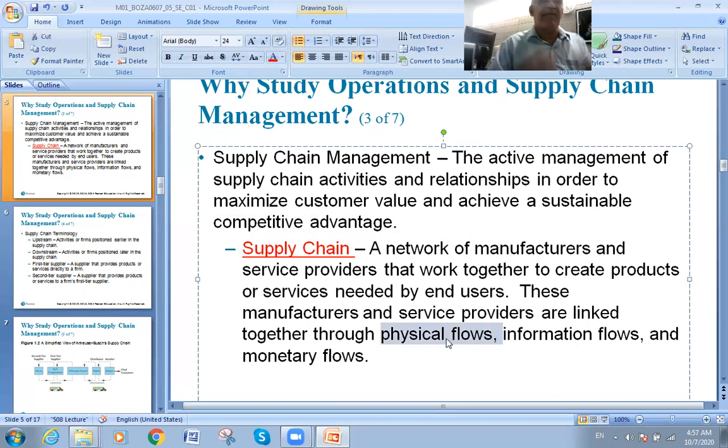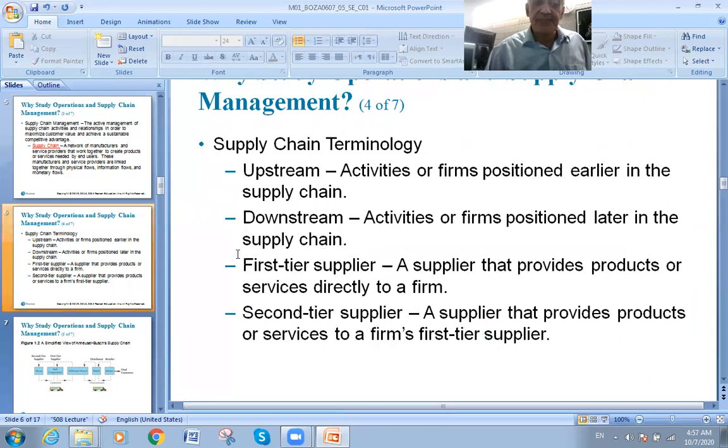I said it's the flow of goods and services from the producer to the end user or the consumer. Is it only goods? We said no, goods and services. So when we see the word information, that means information about the services flow, and monetary flow, the money units. Okay.